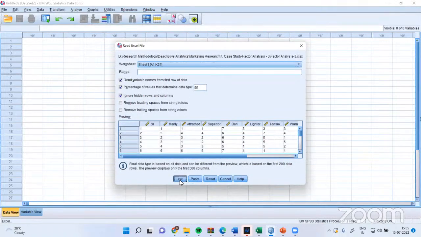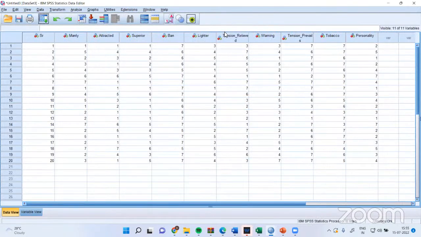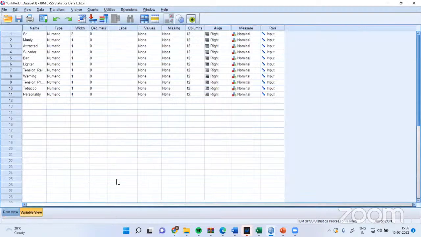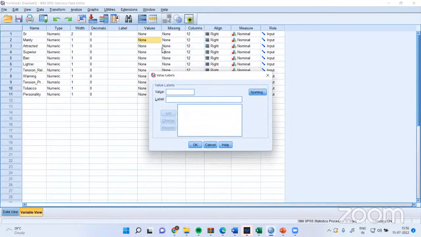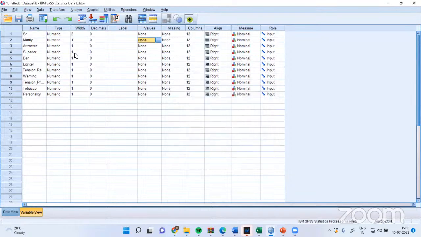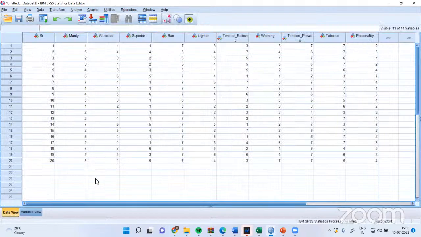So press OK. Is it done? Yes, sir. Now, what is the next thing I have to do? So we have to set the values, yes, we have to keep the values here: strongly disagree, disagree. But in the case of factor analysis, this does not matter, so no need to worry. Right?